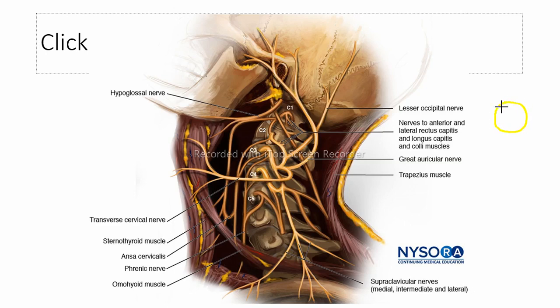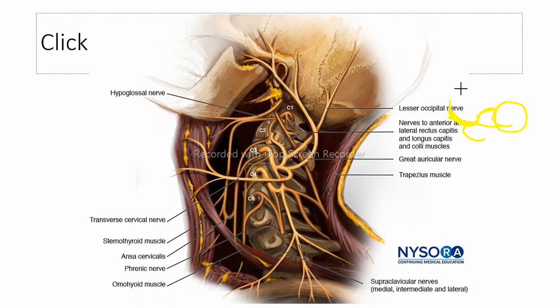Here there is the spinal cord, ventral root, dorsal root, the trunk of the corresponding spinal nerve, and then it divides into the ventral rami and dorsal rami. The dorsal rami supply the back muscles, and the ventral rami supply the other muscles.